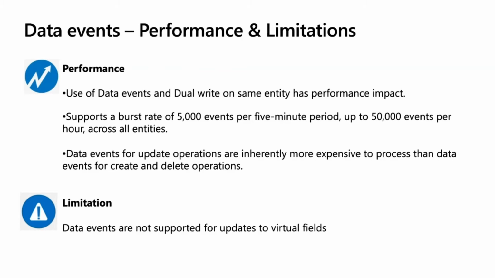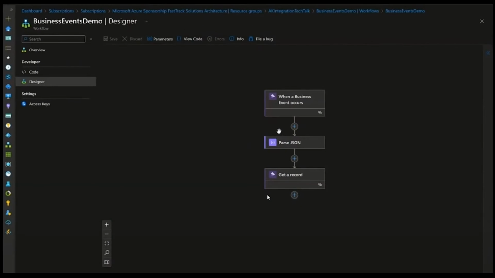Now moving on, we have a demo of how you can capture business events using Azure Logic Apps, how you receive the payload generated from the business event, and use this to further integrate the end-to-end scenario. This is a simple example where I'm using an alert-based business event. As soon as the credit limit is changed on a customer, finance and operations will emit a business event, which I'm capturing here.